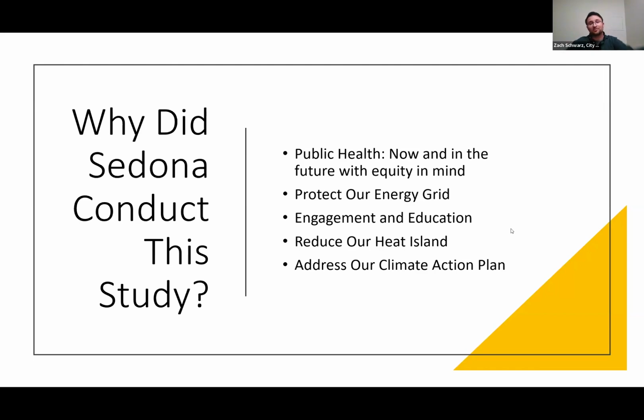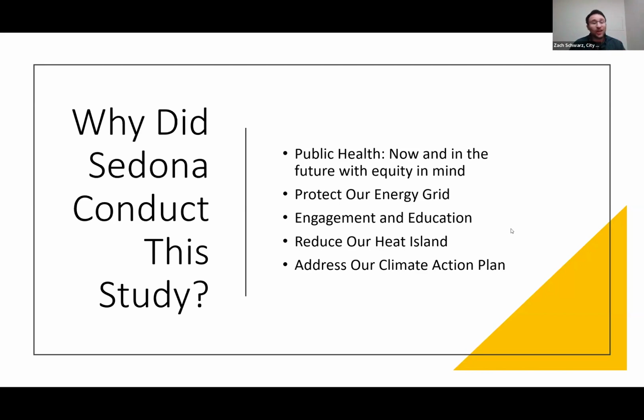Another reason is to protect our energy grid. Like I said, we have excessive heat from air conditioning units, but that is a negative feedback loop. The hotter it gets outside, the more we blast our air conditioning, and the hotter it makes our city, so we add more air conditioning.